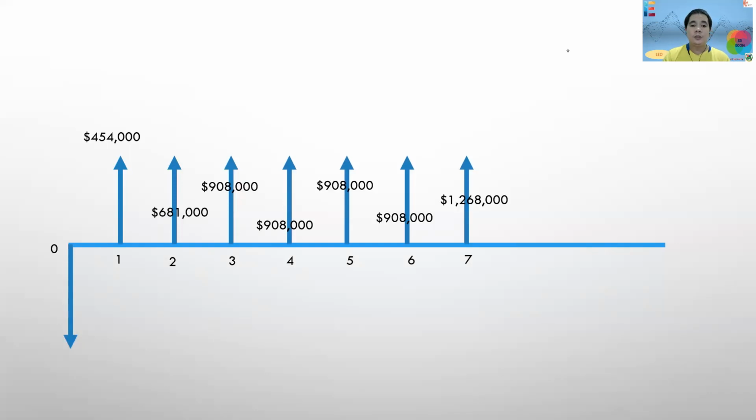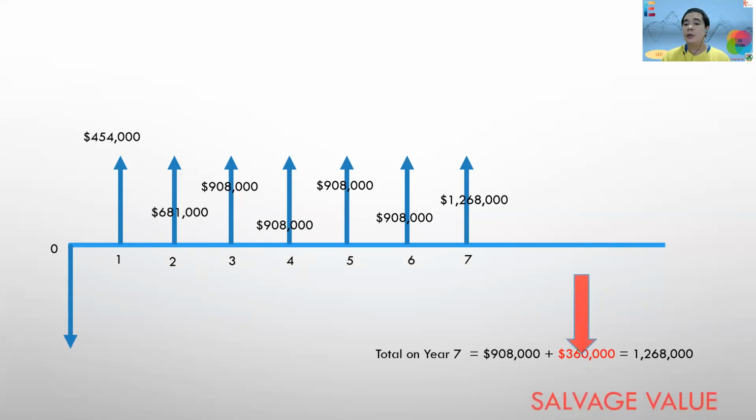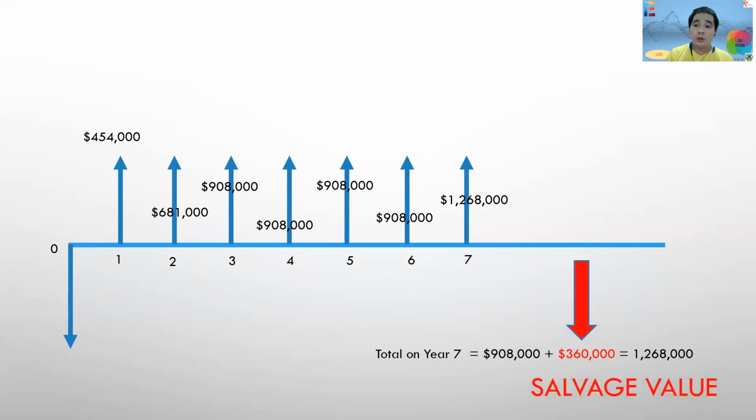This is your savings. So the total for year 7 refers to 908,050 plus 360,000, because your 360,000 is the salvage value, which will be cashed in on your 7th year. That would sum up to 1.268 million.